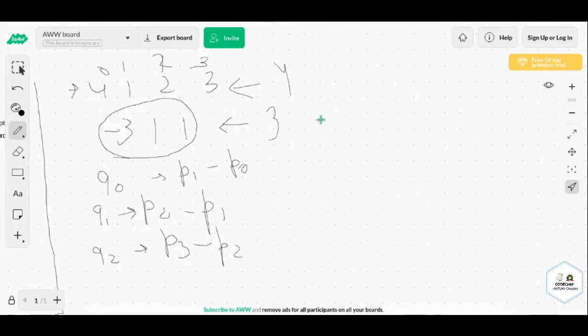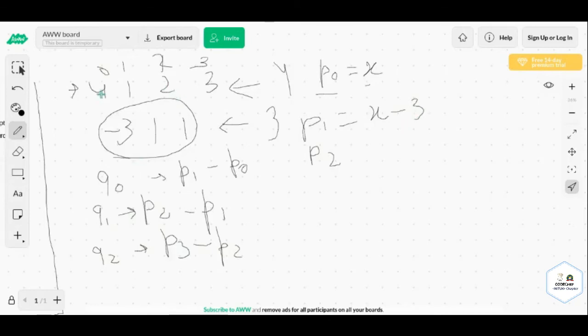After reading the problem, what will we observe? Let's say p0 is x, then we know p1 will be x minus 3, right? And what will be p2? Now we have p1, that is x minus 3.